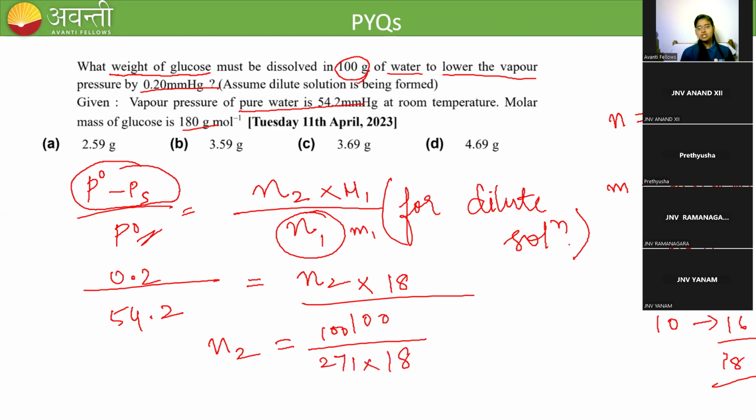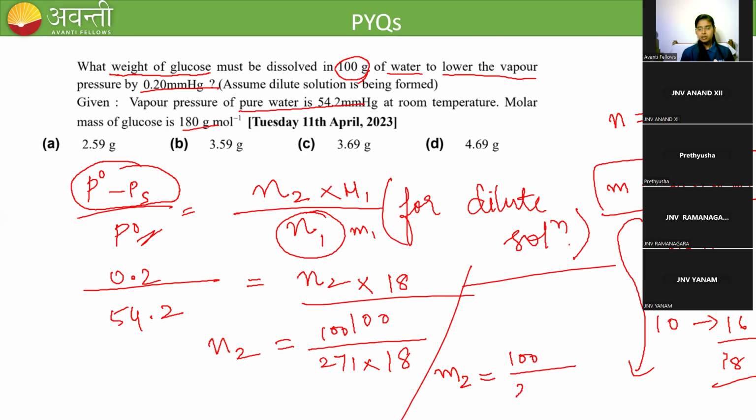Now substitute this value in place of this number of moles. So the equation becomes, mass of the glucose, mass of the solute, is equal to number of moles of the solute, which is 100 divided by 271 into 18, into molar mass of the solute. Molar mass of the glucose is 180, and you can solve directly here.